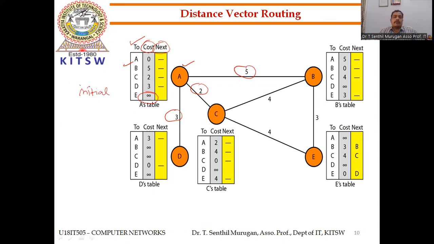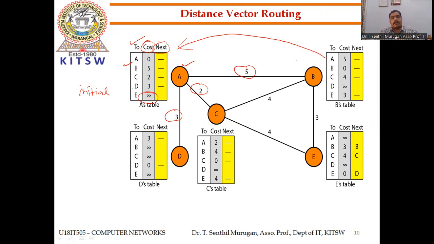After that, what will it do? Each and every node will share its routing table with its neighbors. For example, consider the routing table of A. A will get the routing table from B. It will get this routing table and check whether any path is there to some other nodes.